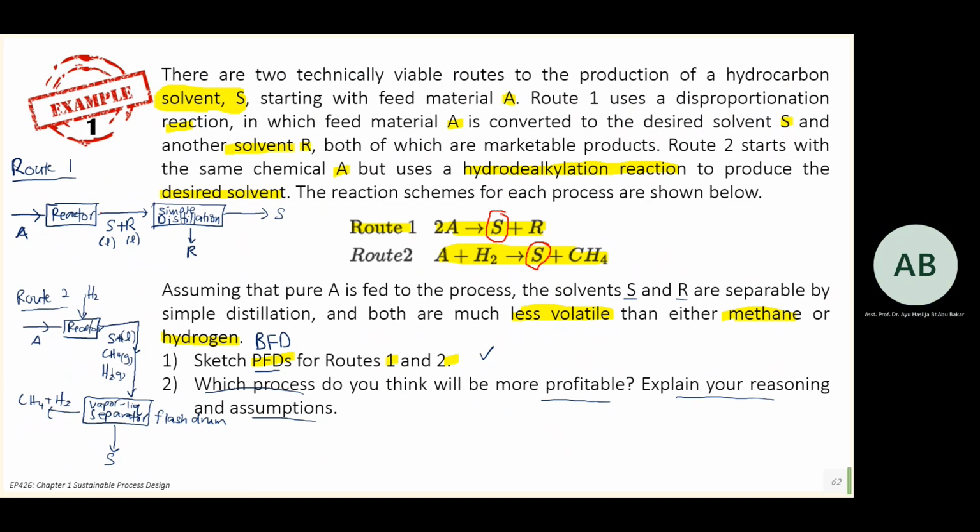Route 1, because they require high temperature, the price is more, and the boiling point difference is quite big. Yeah, acceptable. Any other justification?